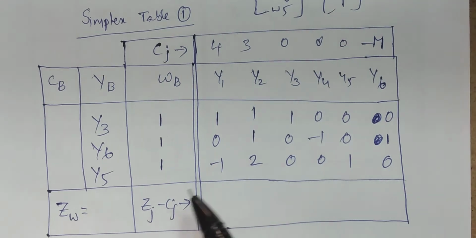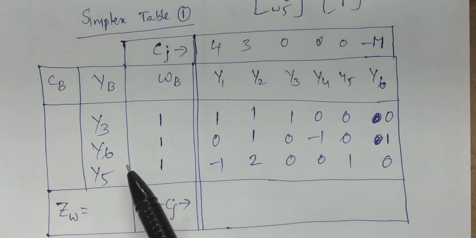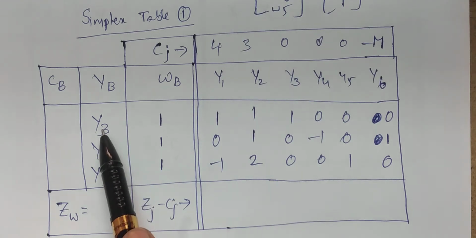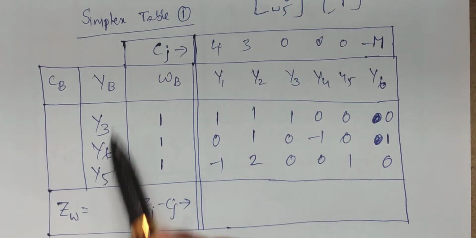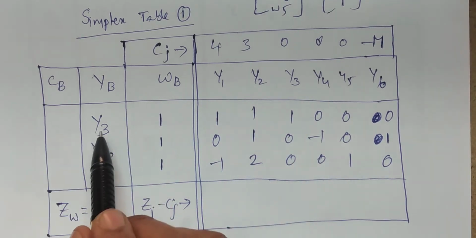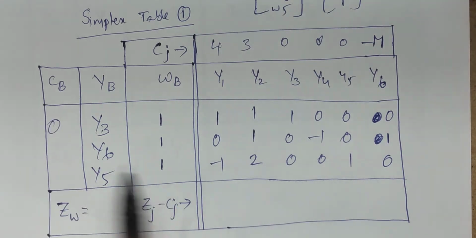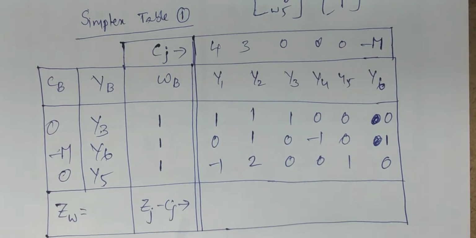I explained many times it need not be in order, y3, y6, y5, it need not be y3, y4, y5. Here you have to see that y3 must be 1, 0, 0, y6 is 0, 1, 0, and y5 is 0, 0, 1. That is the order. The order should be maintained here because it is a matrix. The y3 cost is 0, the y6 cost is minus M, and the y5 cost is 0.